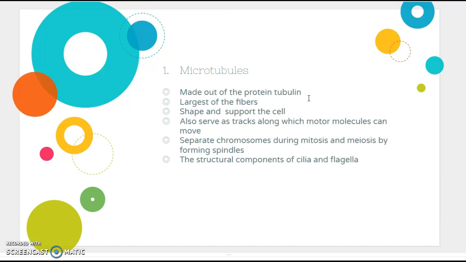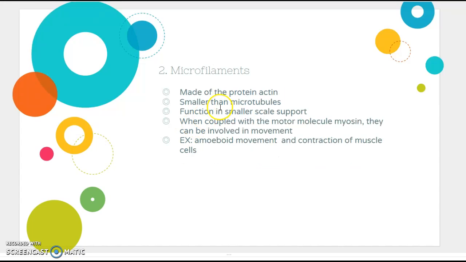It separates chromosomes when we do cell division, like mitosis and meiosis, and it actually forms the spindle fibers. And it is the structural component of both cilia and flagella, which we'll talk a little bit more about in a few minutes.